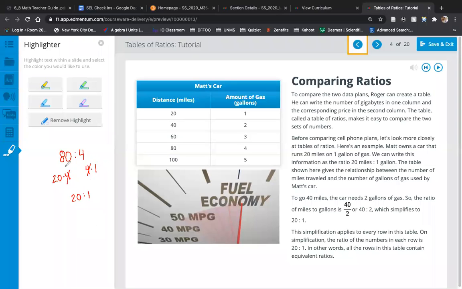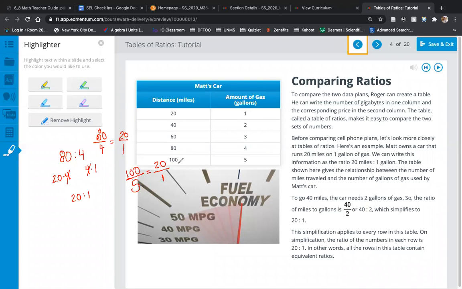Or I can just think about dividing: 80 divided by 4, because remember, these also work as fractions. 80 over 4 is equal to 20 over 1. If I look at, say, 100 over 5, 5 goes into 100 20 times, so this also simplifies down to the ratio 20 over 1.